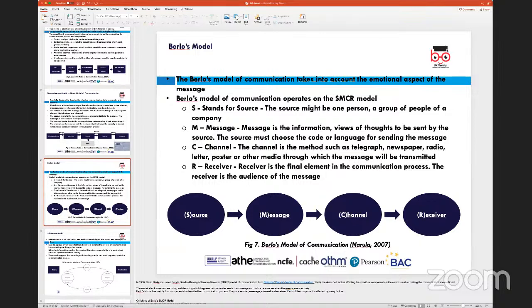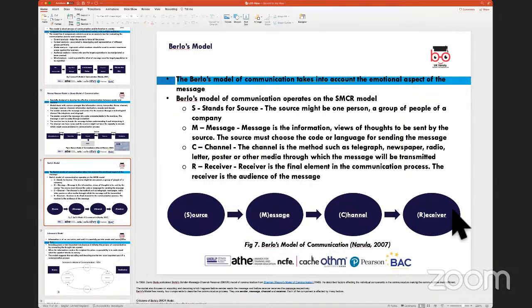And he also acknowledged that noise, when we talk about the communication process, refers to the interference or any form of distortion that may affect the clarity or accuracy of the message. So these noises could be background noise, it could be psychological noise, some sort of distraction, or it can also be semantic noise, which could be language barriers or misunderstandings, which could happen because of the message not being interpreted properly.